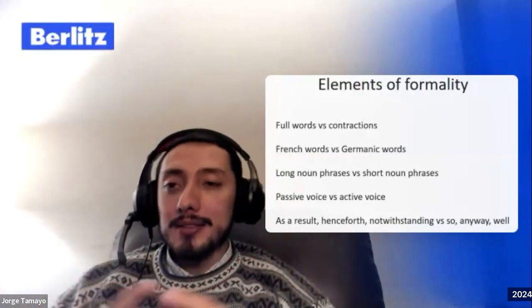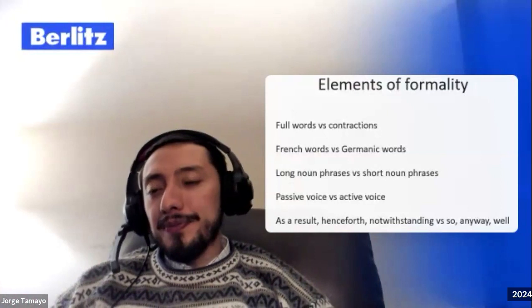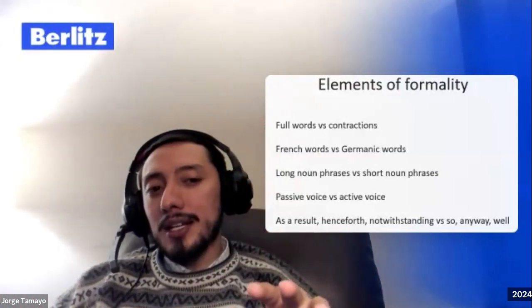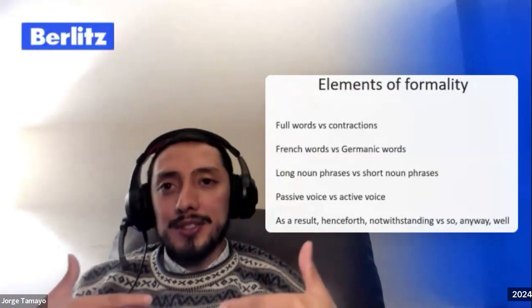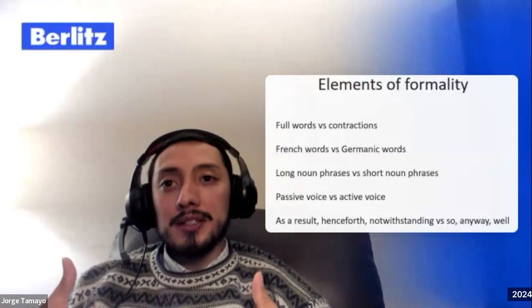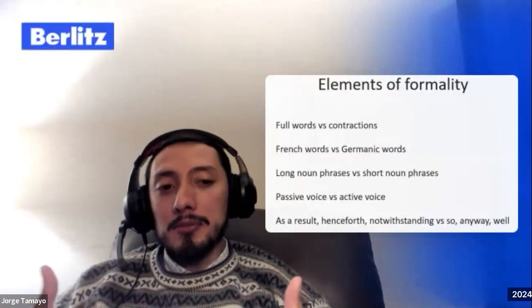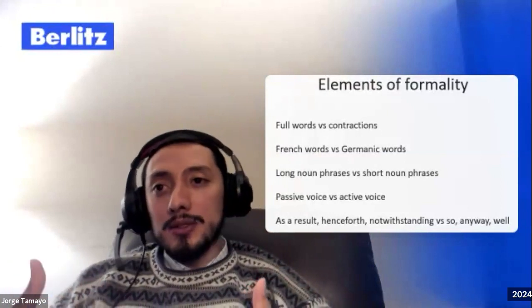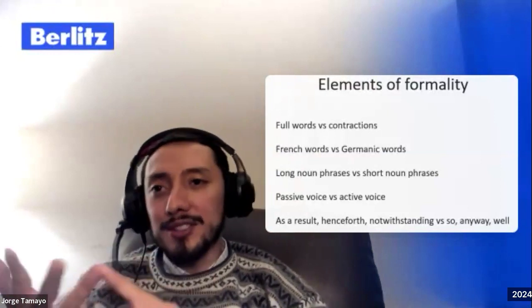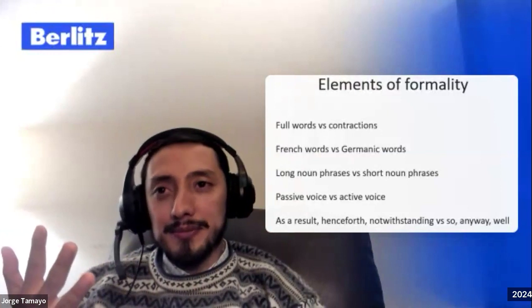And, but, right? So, by taking into account these different elements, you can adapt the register of your presentation to your audience. If you know that you are presenting to, let's say, a hierarchical company, you want to be more formal, so you are going to use full words, French words, passive voice, long noun phrases, and long connectors, right?